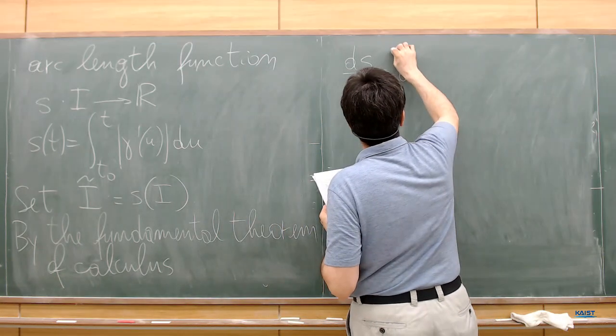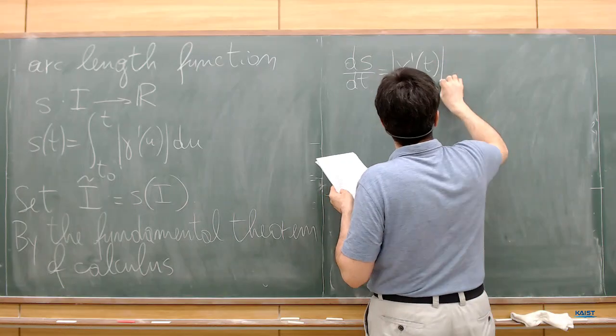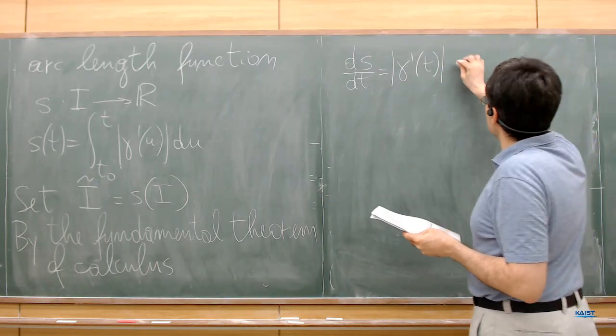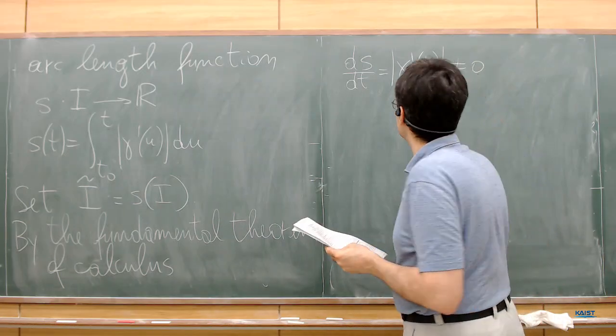So it is equal to the length of gamma prime t, and this is non-zero by hypothesis because the curve is regular.